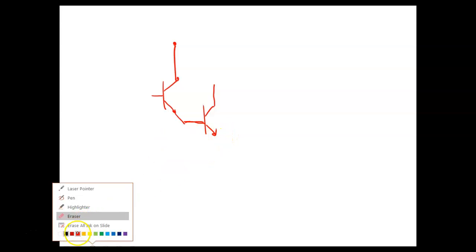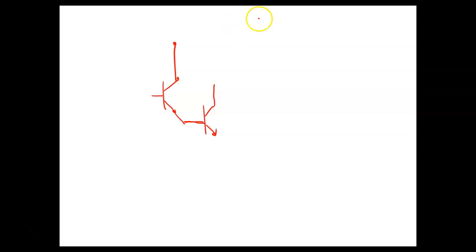So what would be the advantage of this? This is called a Darlington pair, by the way. So Darlington transistor. If you buy a Darlington transistor, that means it's either going to be 2 NPNs or 2 PNPs. So what would be the advantage of this guy?